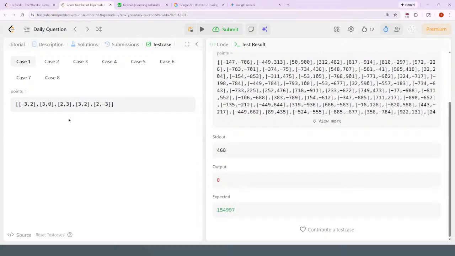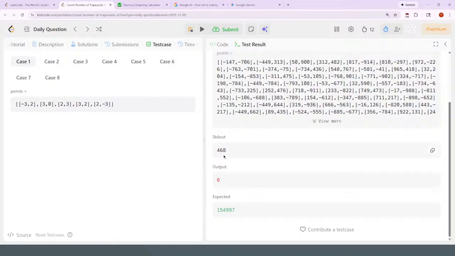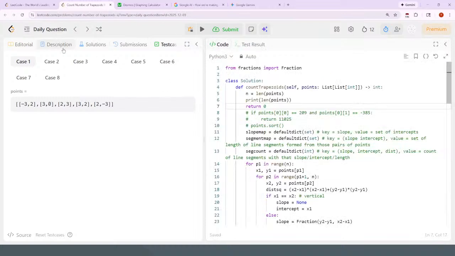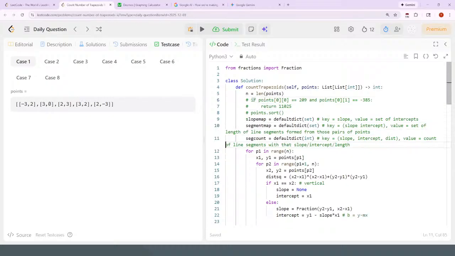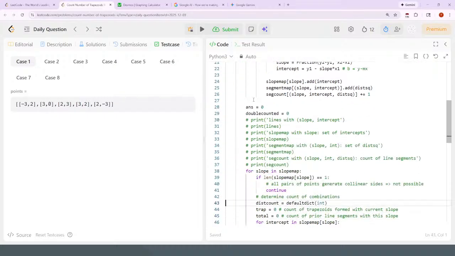Actually, I'm not sure. Maybe Leetcode does have some hidden test cases. I don't know if Leetcode does that. I think it definitely does it for tournaments, but well, we're at 468, which is an upper end, but certainly not that big. Okay. It's just not doing it fast enough.